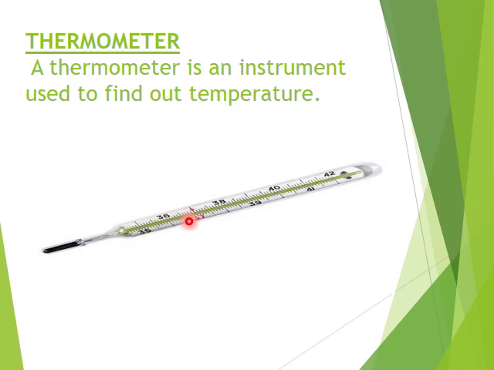When the bulb is dipped in a glass of cold water, the mercury falls. So in this way the mercury rises when the bulb is dipped in a hot object, and when we dip this mercury bulb into a cold object, the mercury falls.